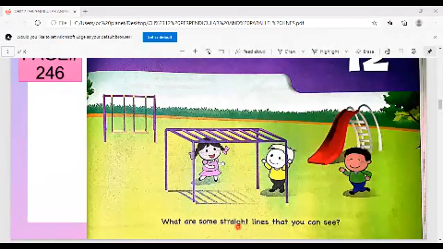The teacher is asking only about the straight lines you can see. On the swings, or even on the monkey bar, the lines are straight, but they are not properly in the form of a right angle, or maybe the front side is a right angle, but here are the straight lines, and on the other side on the swings.